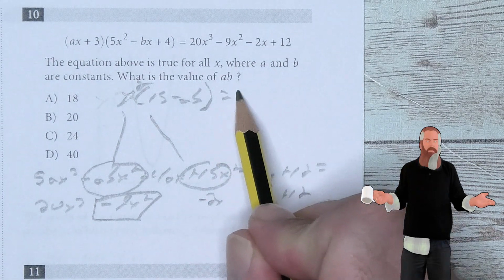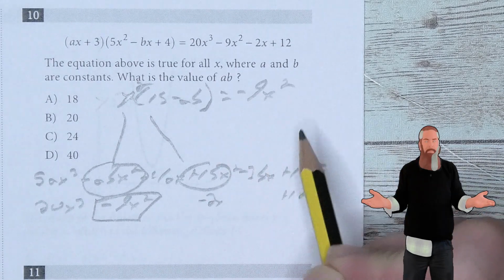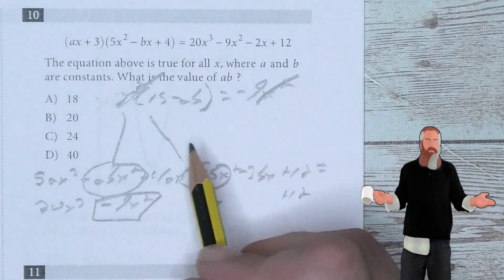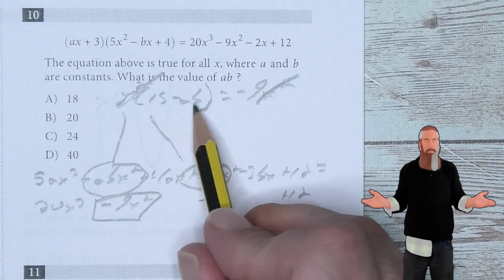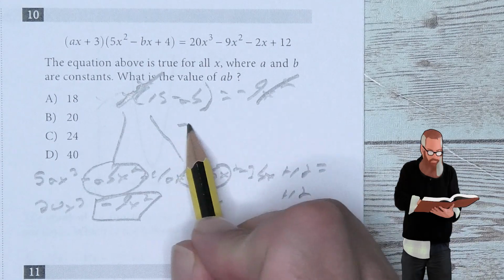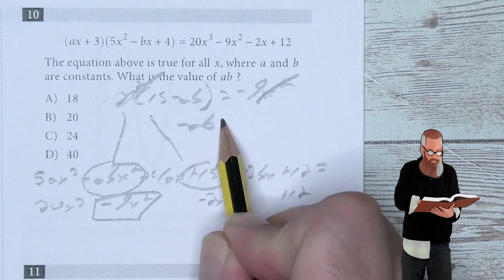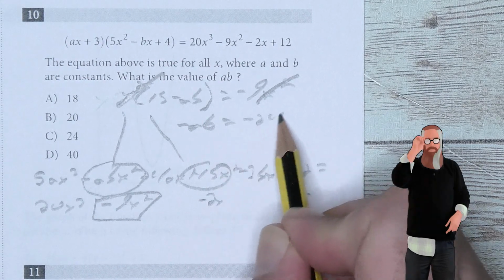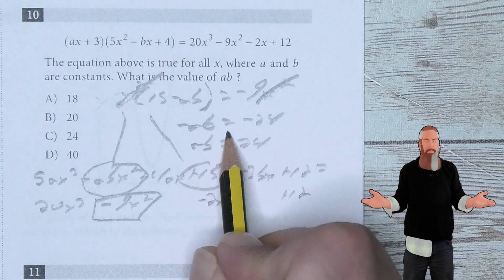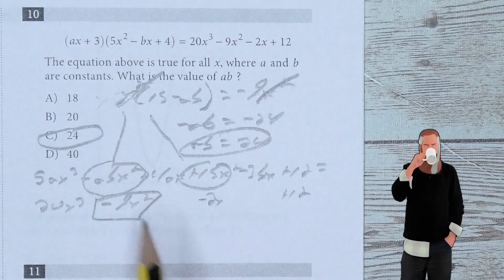So I'm going to set that equal to negative 9x squared. This means that I can eliminate these x squareds, giving me 15 minus ab is equal to negative 9. So let's move 15 to the other side of the equation, giving us negative ab is equal to negative 24, or a times b is equal to a positive 24. That is our answer, C.